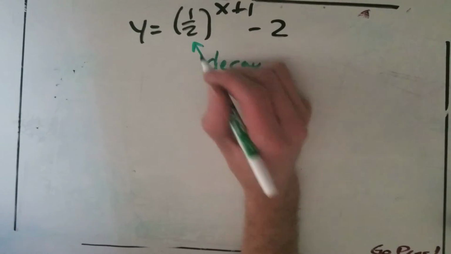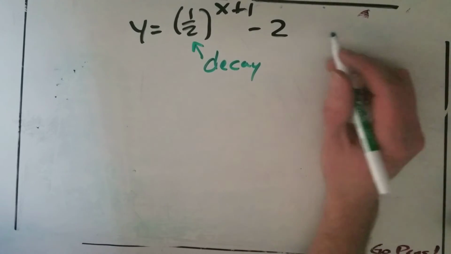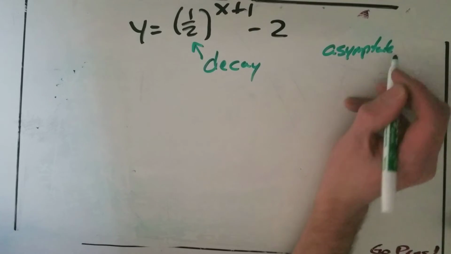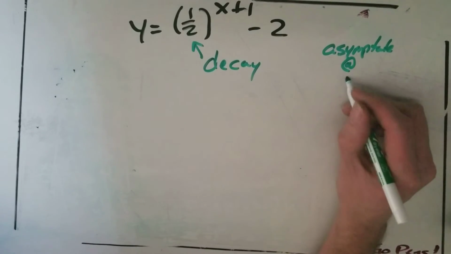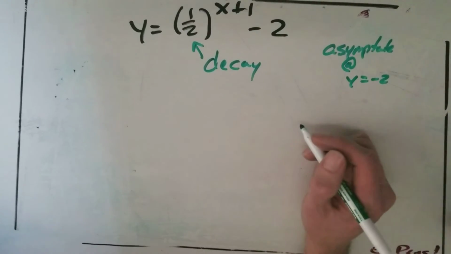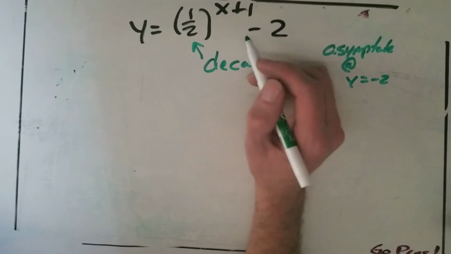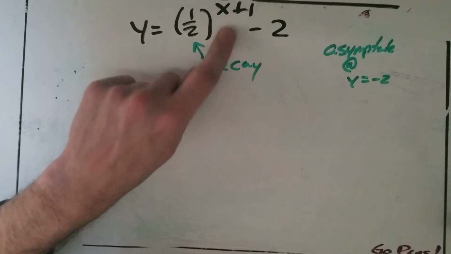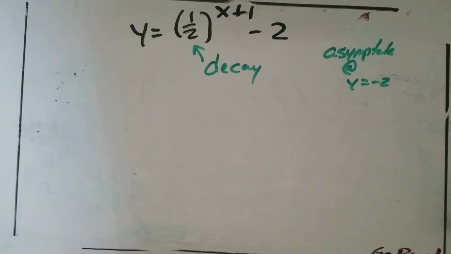It's less than 1, so we're decaying. We should recognize here, we're going to have an asymptote at y equals -2. That's what -2 is going to tell us. And this little plus 1 is going to tell us to choose our inputs a little bit differently. The whole graph is actually going to shift 1 unit to the left.